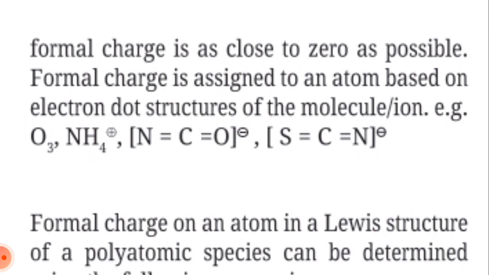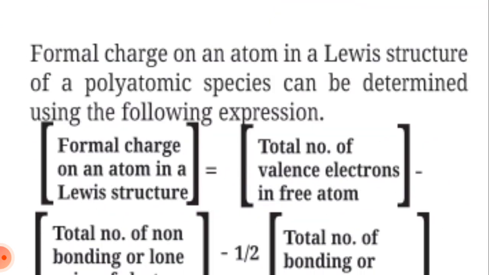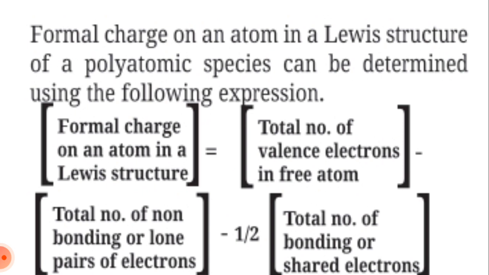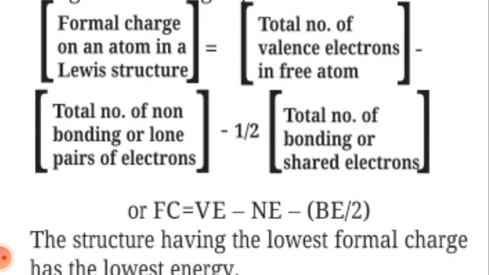Example: O3, NH4 plus, CO3 2 minus. Formal charge on an atom in a Lewis structure of a polyatomic species can be determined using the following expression.